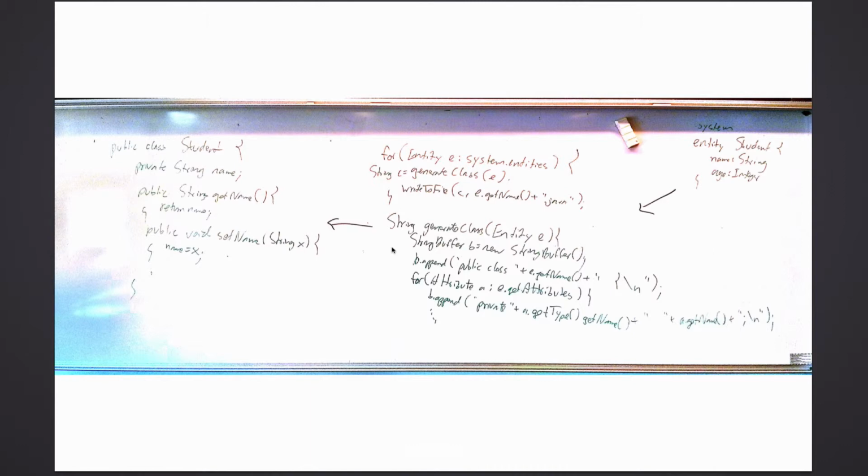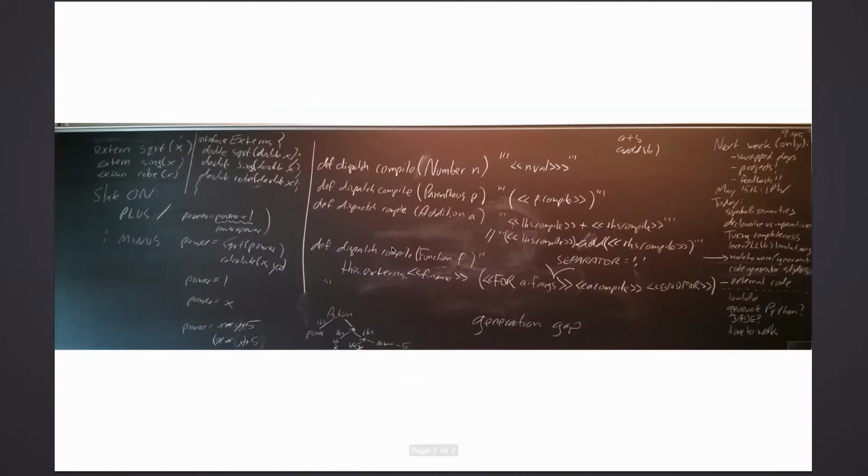Regarding Xtend and code generators, here's something about the generation gap pattern. On the left, we imagine having our state machine language, and we want to write something like power equals the square root of power, or calculate something or whatever.